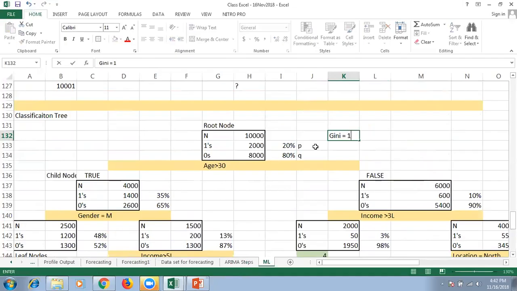The Gini is nothing but 1 minus P squared minus Q squared. So in this case, what is my Gini value? 1 minus this squared minus this squared. So what is my Gini value in this case? 0.32. Now what is the Gini value in this case?